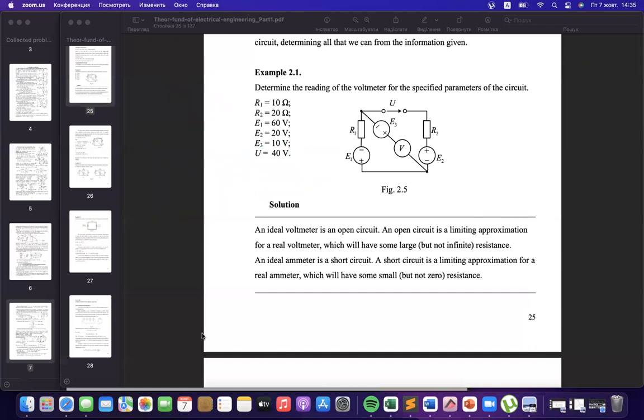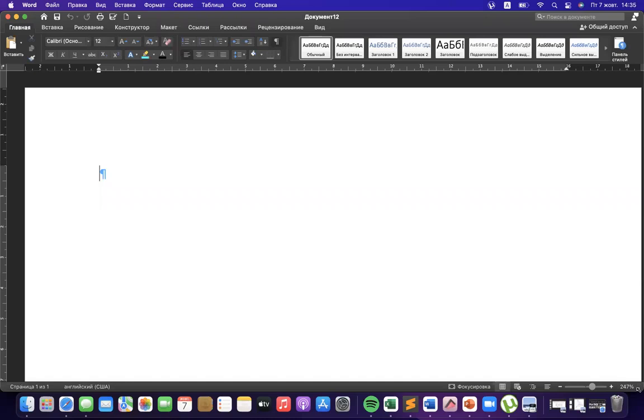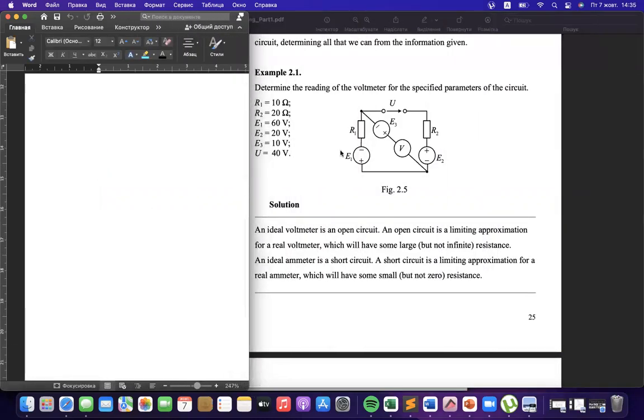It means that for this circle that we have in our task, the equivalent scheme should be drawn like this.